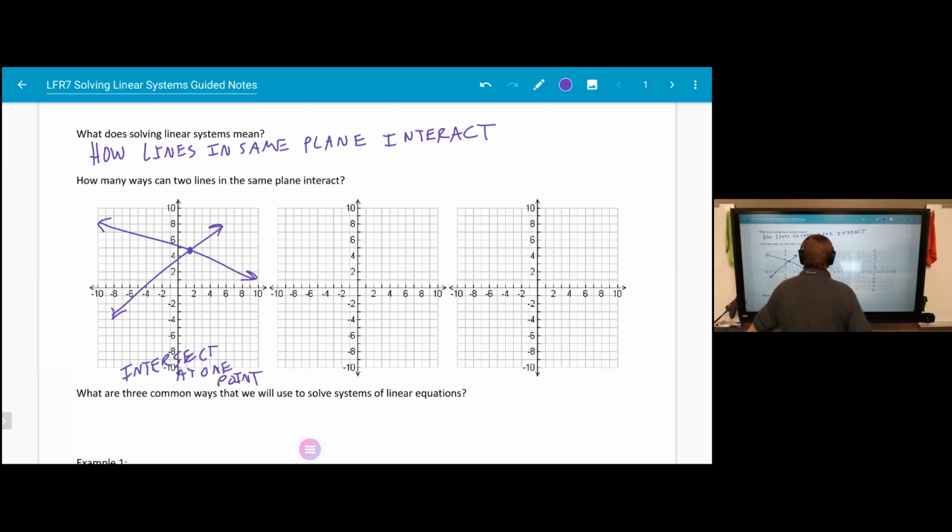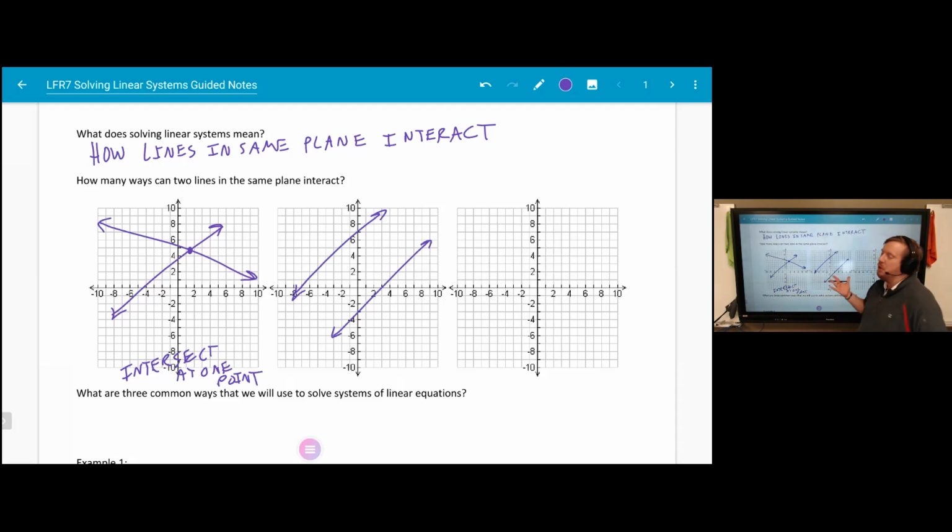And the next one, well, how else could I draw two lines and have something different happen than intersecting? Oh, how about, I'm going to do the best I can because you know how terrible I am at lines, and that's okay. I've been practicing, still not great. These lines should be parallel lines.